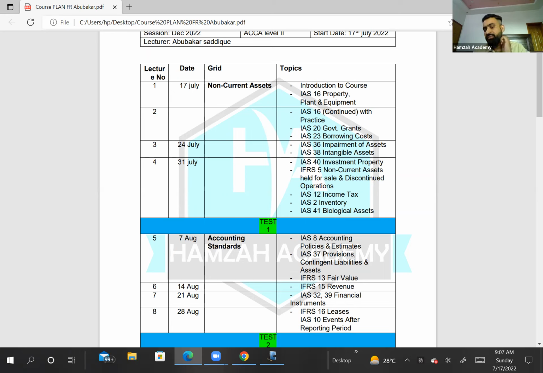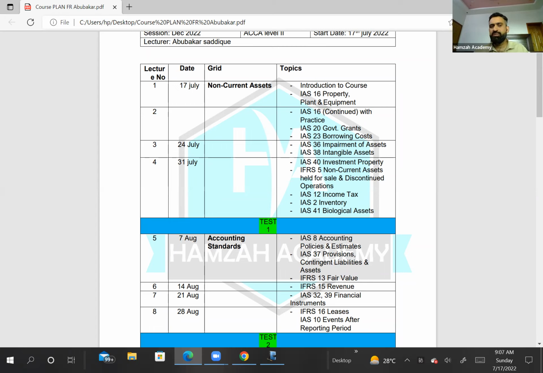We have IFRS 5. IFRS 5 is the accounting standard of non-current assets held for sale and discontinued operations. We purchase an asset, we use that asset for a certain period of time, but now we decide that we will dispose of that asset.